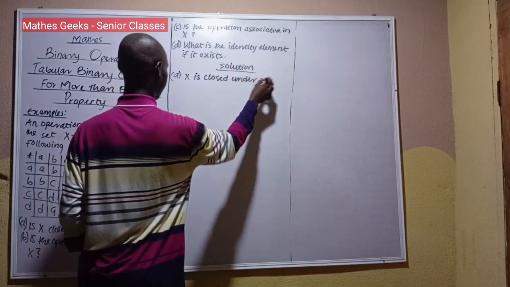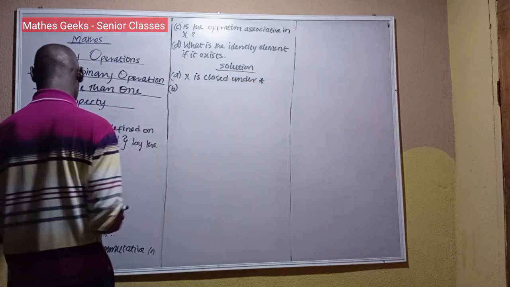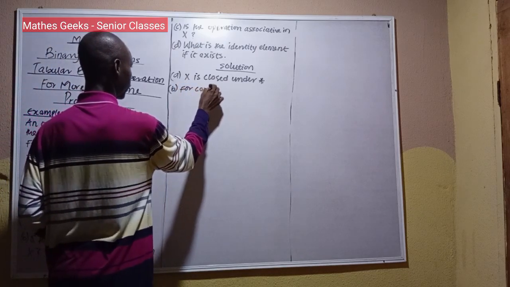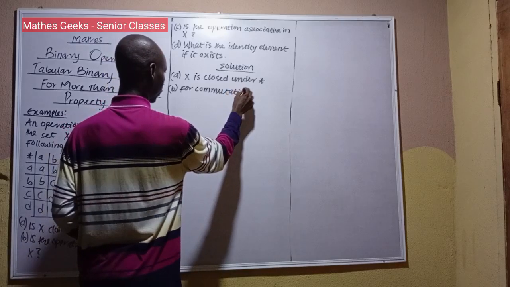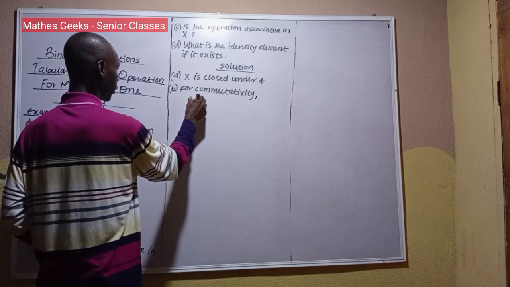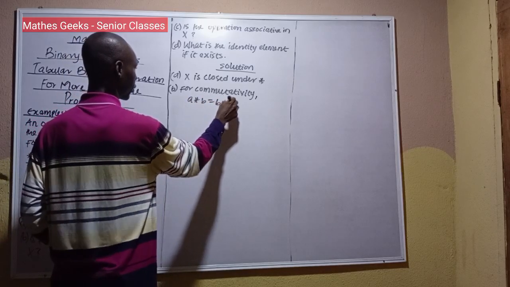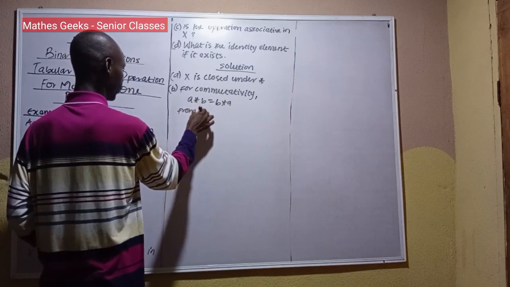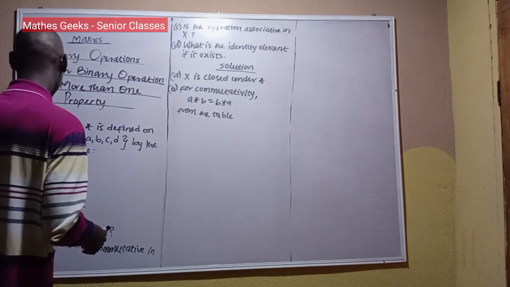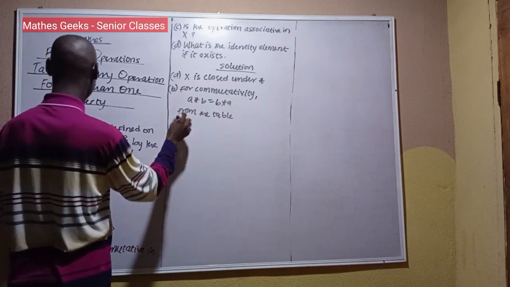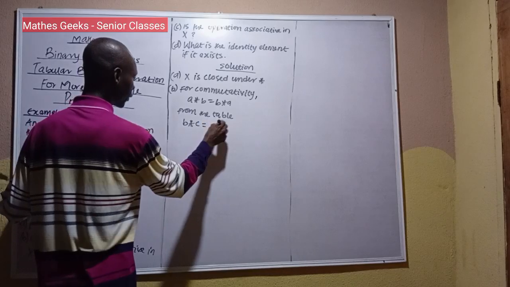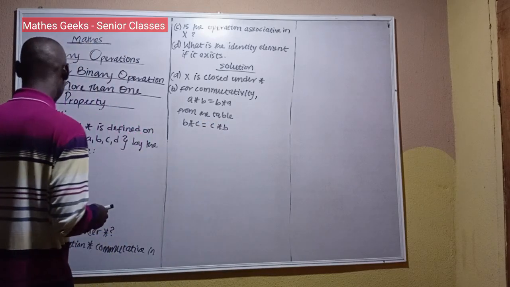under star. B, this operation star commutative means for commutativity, A star B is equal to B star A. From the table, let's pick two elements randomly. Let's say B star C is equal to C star B. Let's say B star C, what is it?